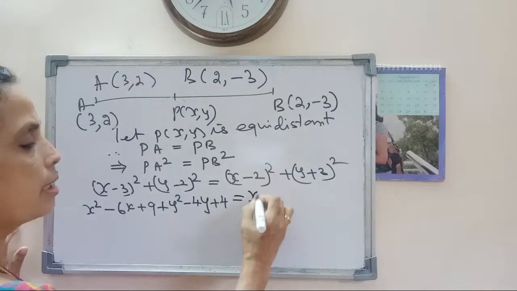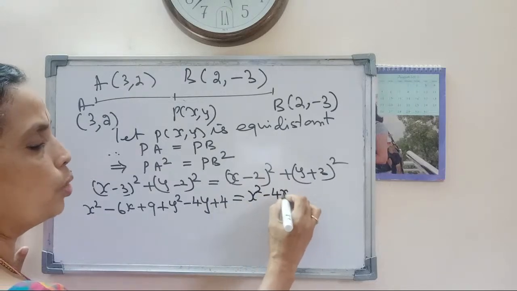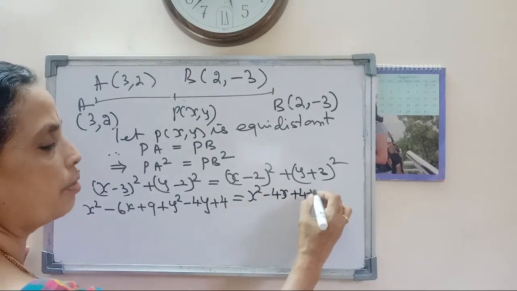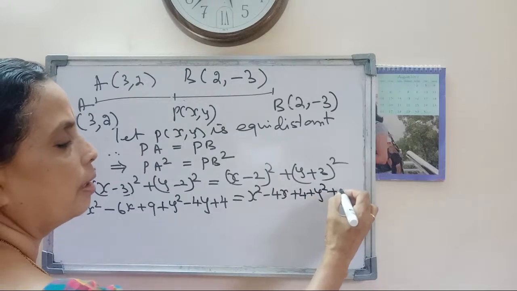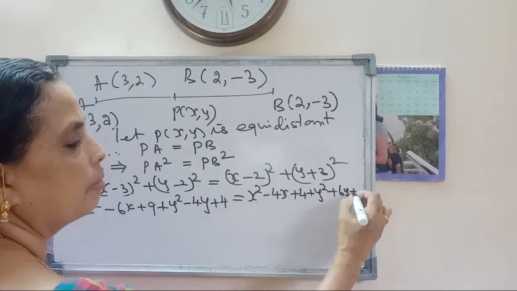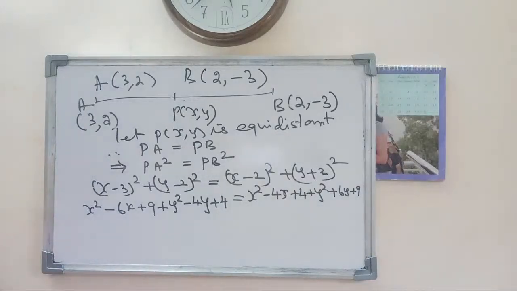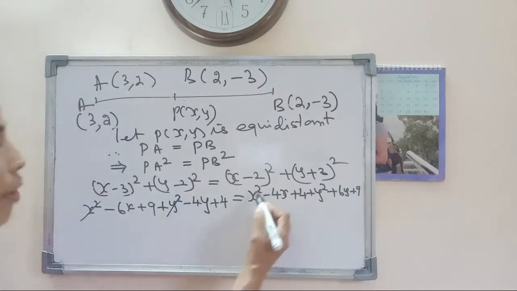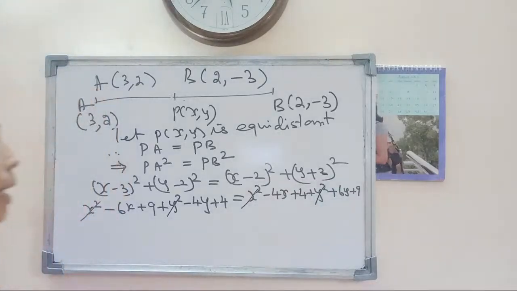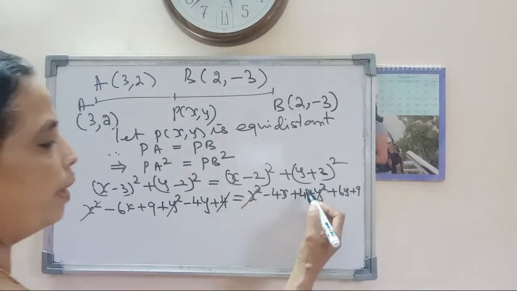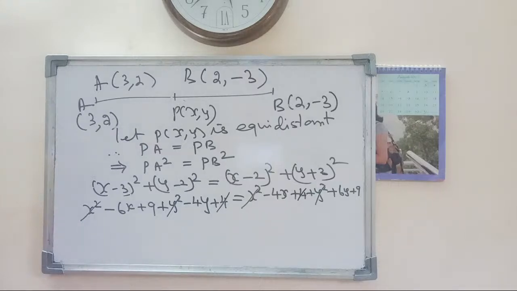Similarly, a square minus 2ab plus b square, and a square plus 2ab plus b square. Check it once. See the expansion in LHS and RHS. Now you can cancel x square, y square from both sides, and plus 4 and plus 4 from both sides. Anything? Plus 9 and plus 9 from both sides.